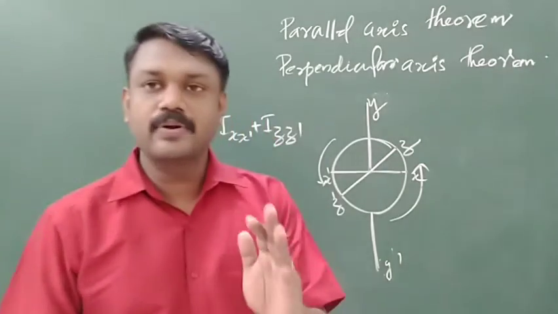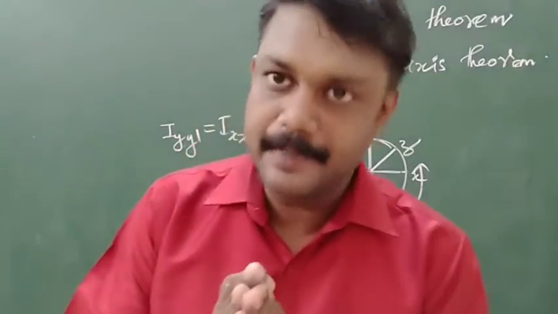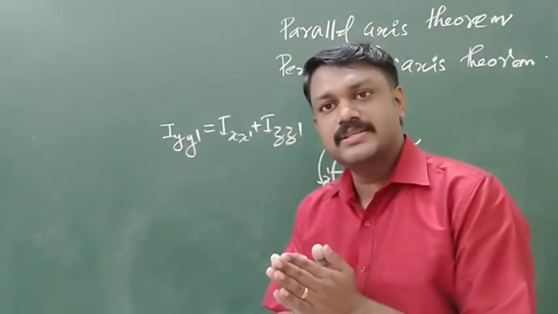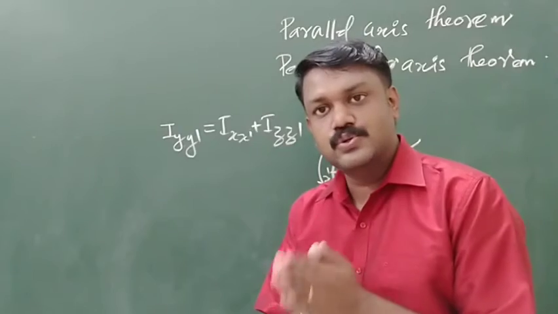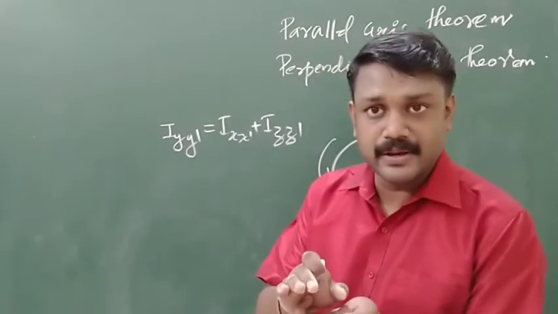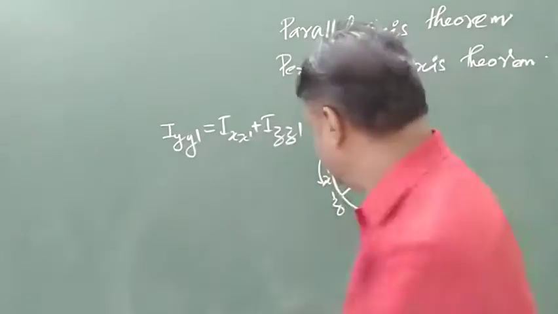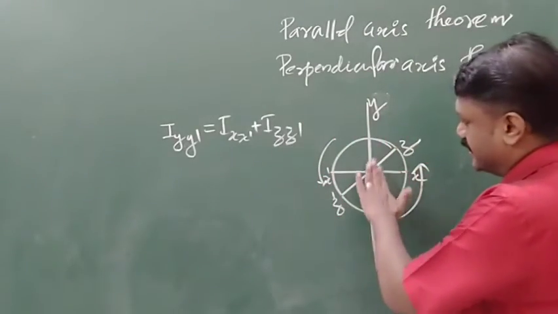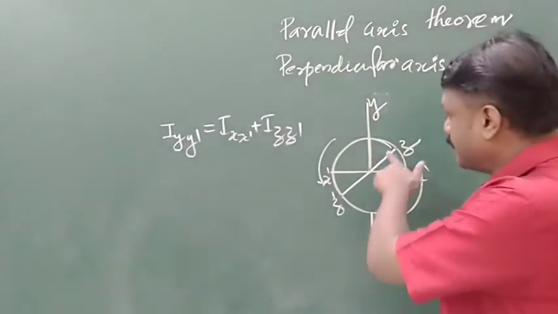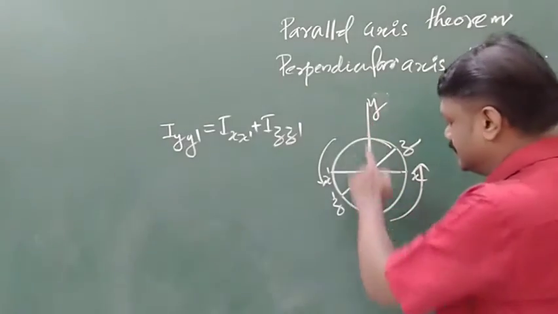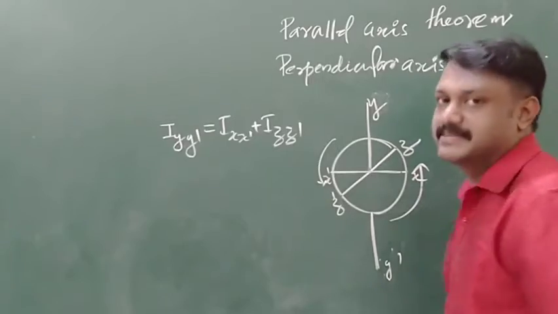The moment of inertia about an axis perpendicular to the plane of a lamina is equal to the sum of the moments of inertia about two perpendicular axes lying in the same plane of the lamina. See, x dash and y dash are lying in the same plane of this lamina, they are perpendicular to each other, and they are meeting at the same point through which the third perpendicular axis is passing.